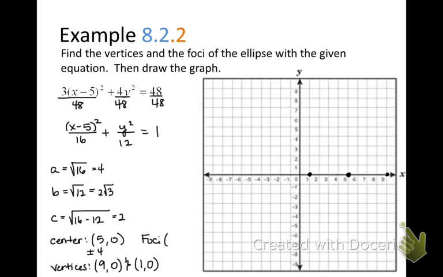So again, they're going to keep the same y value, but this time what am I adding and subtracting for my x value? This time I'm adding and subtracting my c value, which will be 2. So this time I'm going to go 5 plus 2 is 7, 0, and 5 minus 2 is 3, 0. That's my foci.